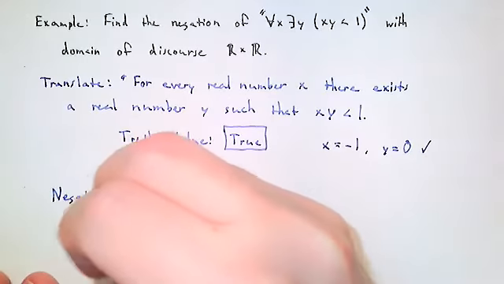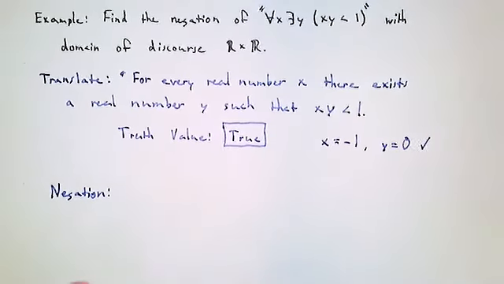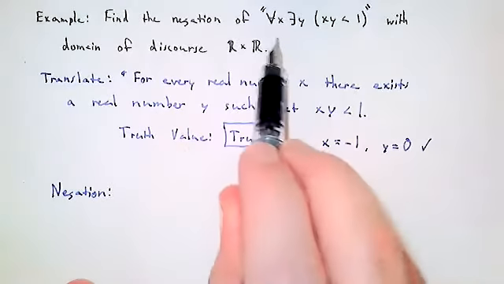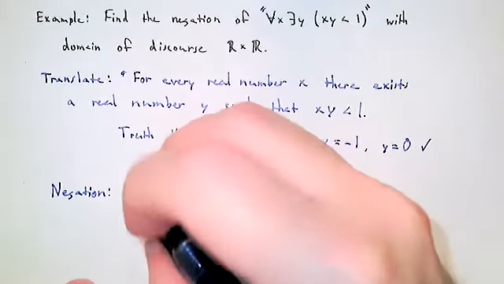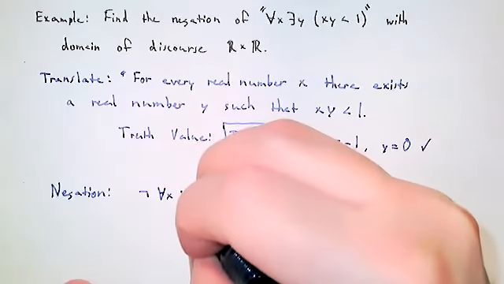And we'll look at the symbols first. Okay. So we'll put the negation on the outside of our two quantifiers.